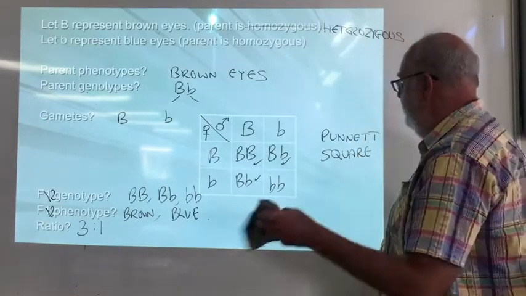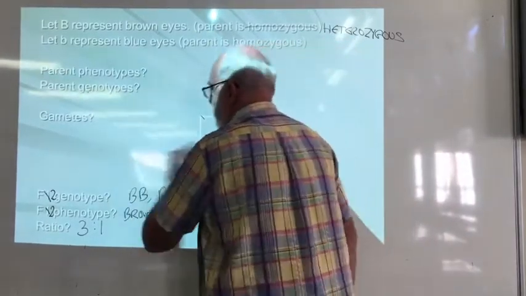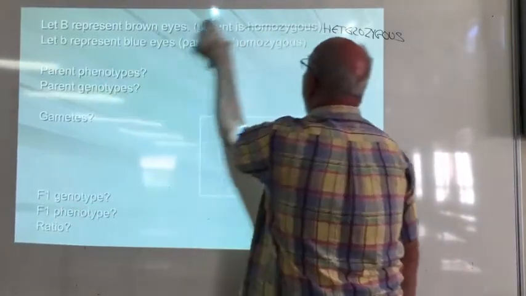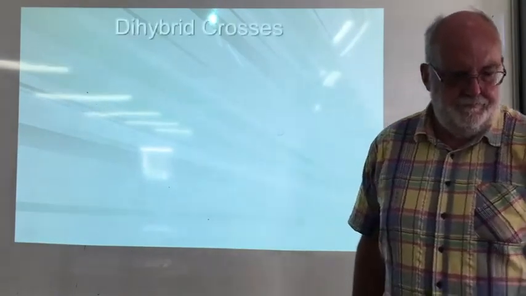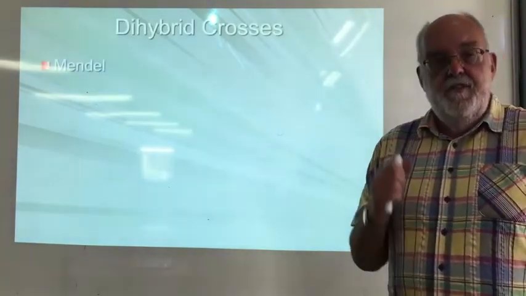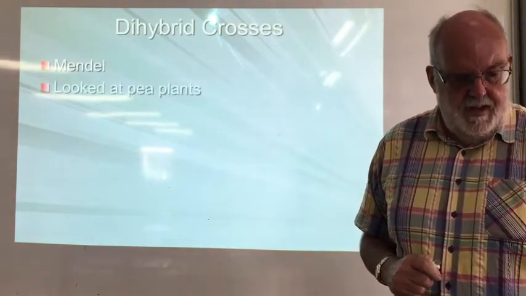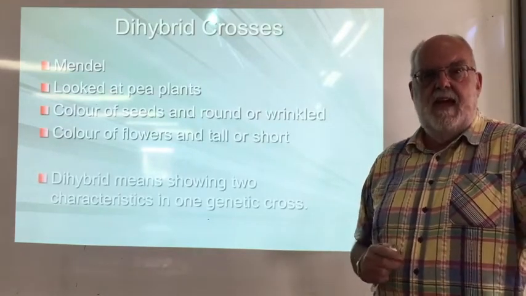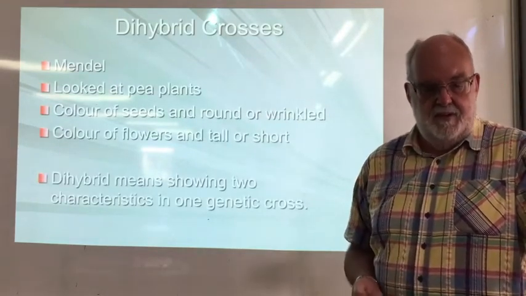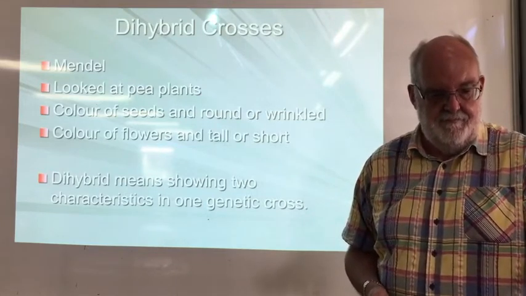Now, moving on to the dihybrid cross. Briefly, this is not in the syllabus, but very briefly, there was a man called Gregor Mendel. He was a monk, incidentally, and he looked at pea seeds and pea plants back a couple of hundred years ago in his monastery.